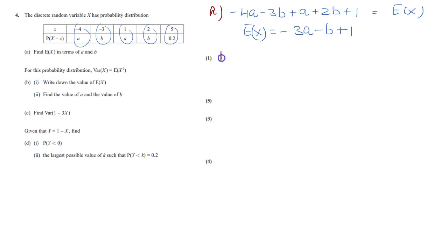Now part B. For this probability distribution, variance of X is equal to E(X squared). Write down the value of E(X squared).